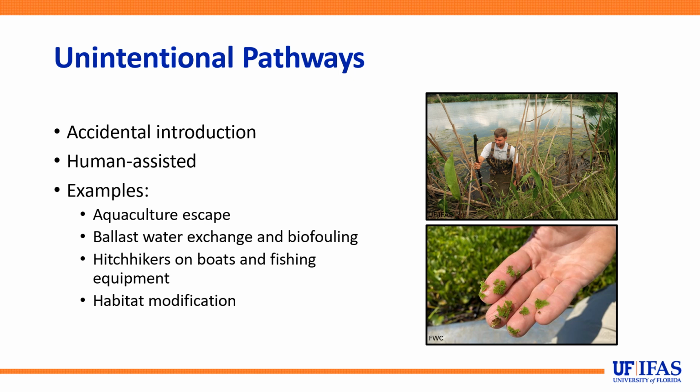Biofouling on vessels traveling across oceans and seas, and anglers and boaters unknowingly having seeds, plants, or larvae on their boots, waders, boats, buckets, lures, and other fishing equipment. Be sure to rinse your kayaks, canoes, paddleboards, and jet skis also. When humans change habitats, like diverting or connecting waterways, species can spread to new areas.